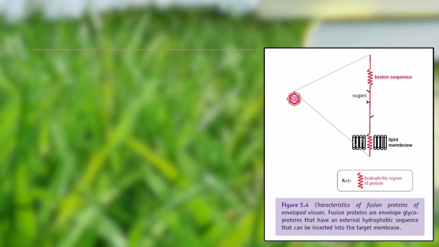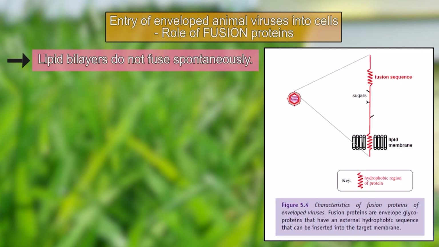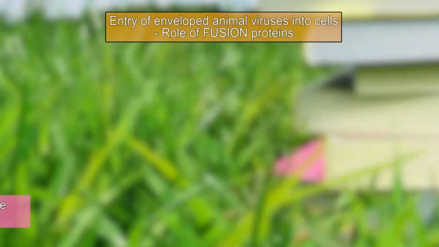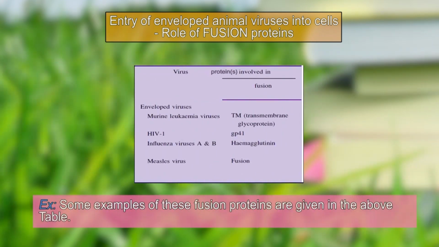Now fusion does not occur spontaneously, that is, lipid bilayers do not fuse spontaneously. For this there are proteins which help in the fusion process. These are called fusion proteins. In this table there are examples of some fusion proteins that mediate the fusion of the virion surface protein and the receptor or the endosomal membrane.